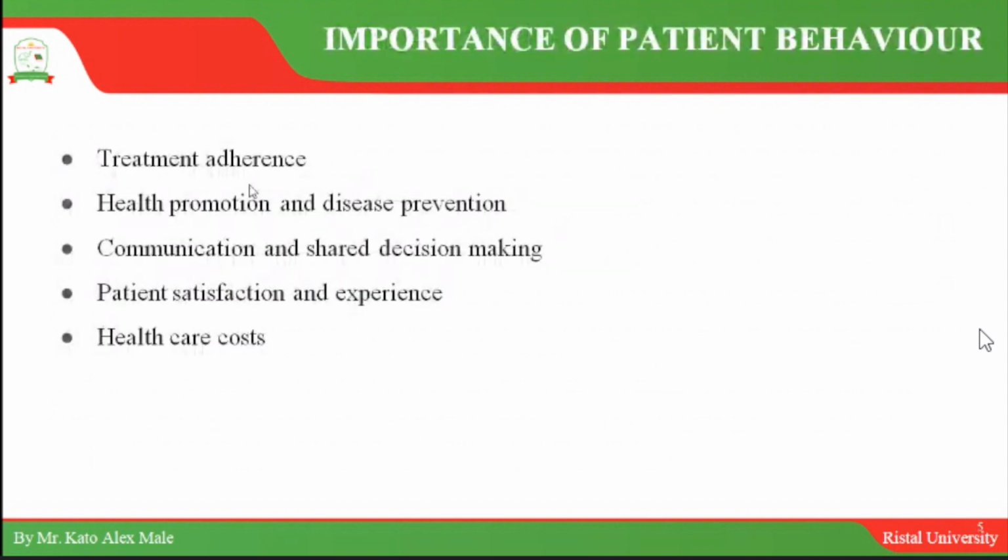Importance of patient behavior. That is a very crucial importance. How does patient behavior help us in administering treatment? To start with, treatment adherence. The behavior of an individual determines a lot on how they are going to adhere to your treatment and your dosing regimen.